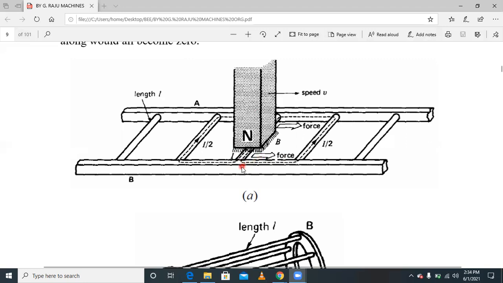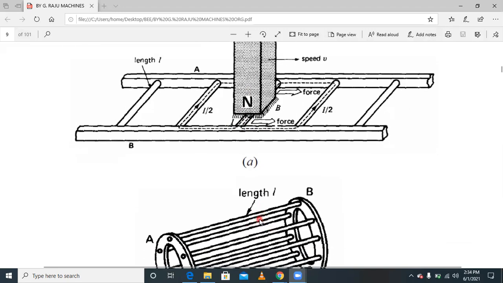When the speed comes near the synchronous speed, the stator rotating magnetic field is rotating at 1000 rpm, but the speed of the rotor is 950 rpm. What is the relative speed here? Only 50 now.